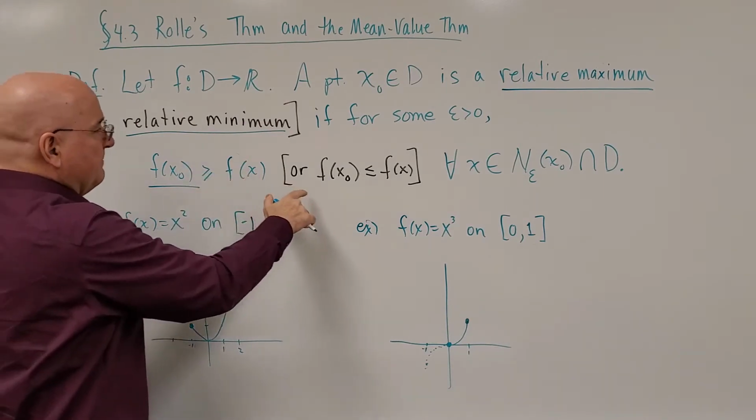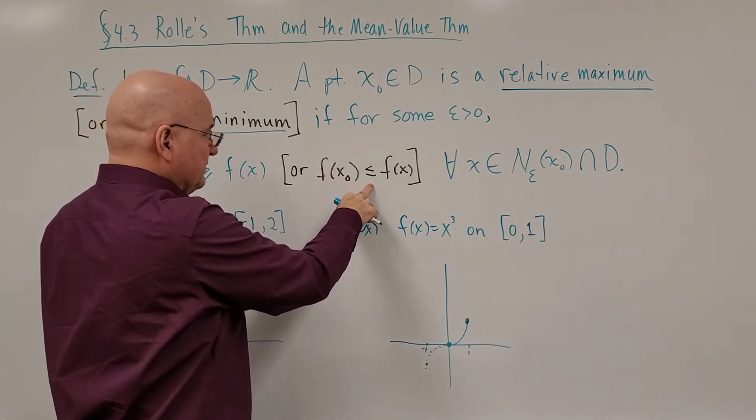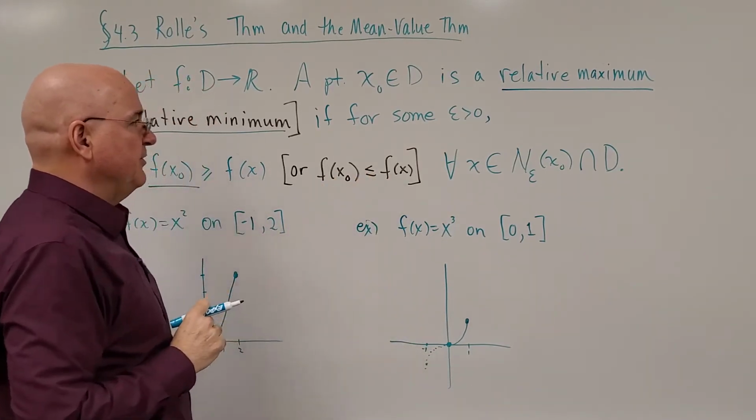And it's a minimum if the value of the function at x naught is less than or equal to f of x for all x in the neighborhood.